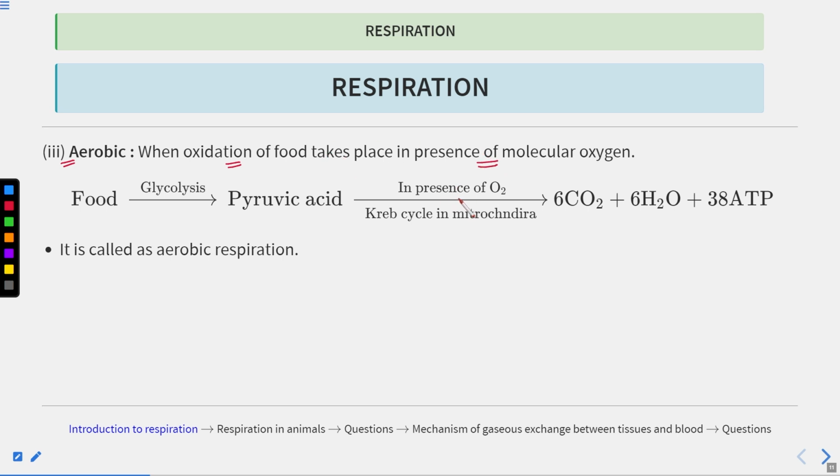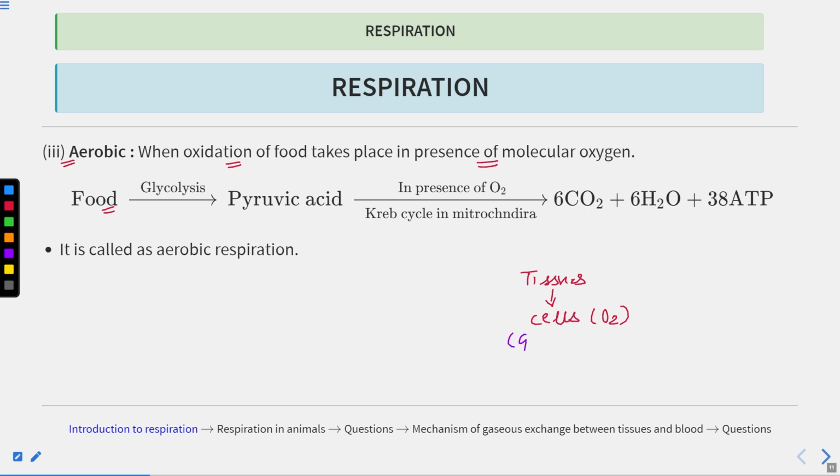Now, after internal respiration, what has happened? The oxygen has reached into the tissues, or you can say the cells. Now the oxygen is present within the cells, and the food material, or you can say the glucose, is present within the cells. Okay, so what do cells contain?